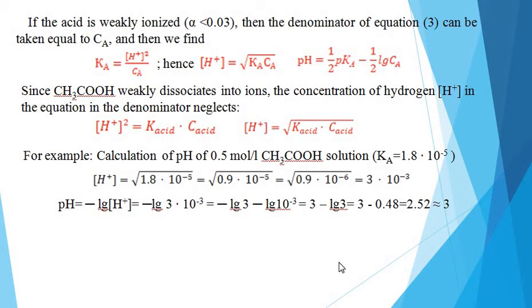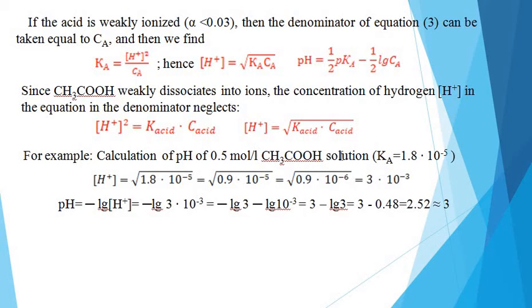Since acetic acid weakly dissociates into ions, the concentration of hydrogen in the denominator of the equation is neglected, and the concentration of hydrogen equals the root of the product of the constant of acidity multiplied by the concentration of acid.